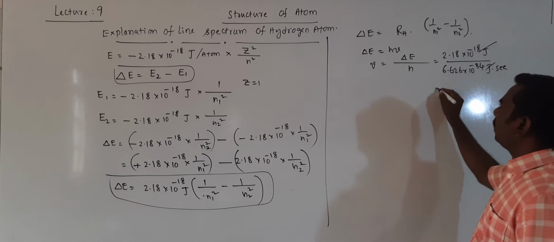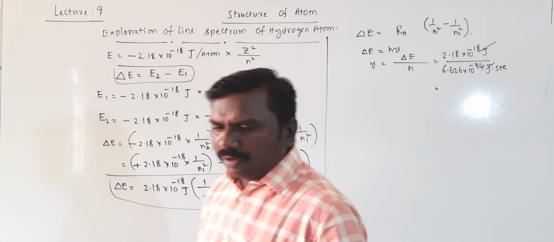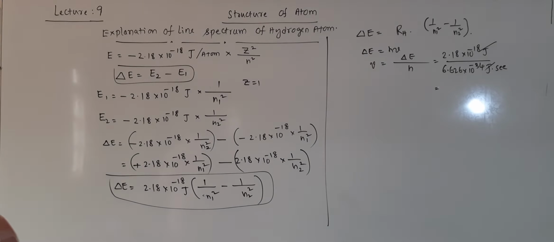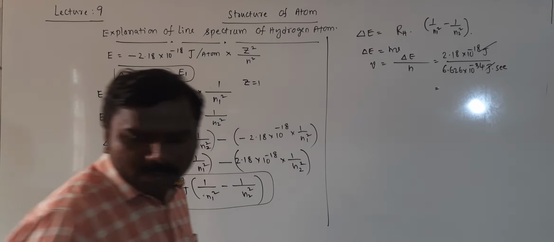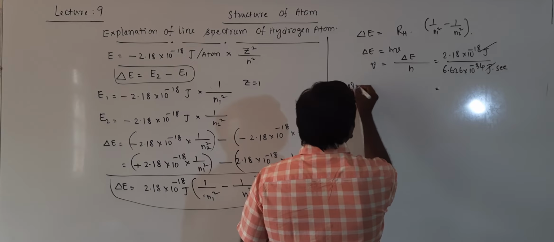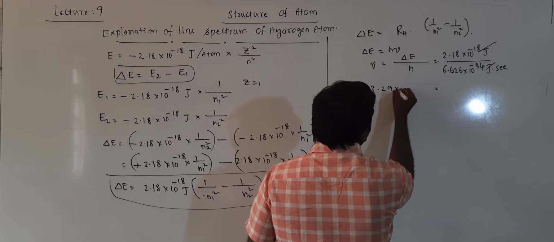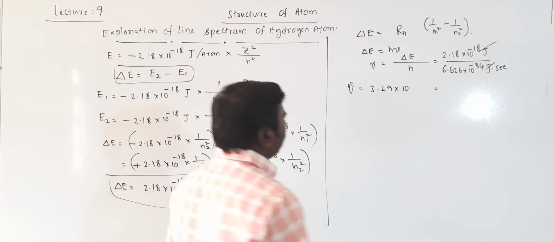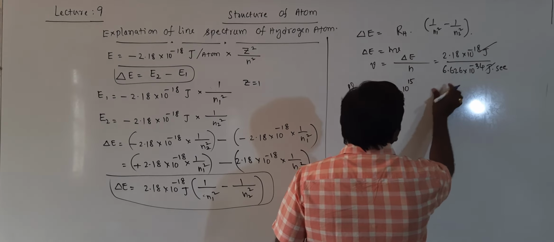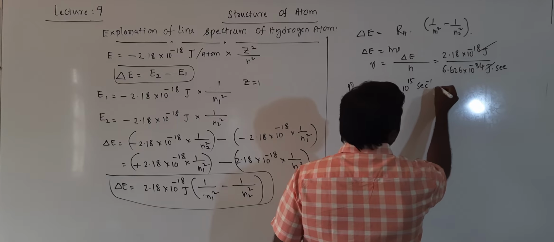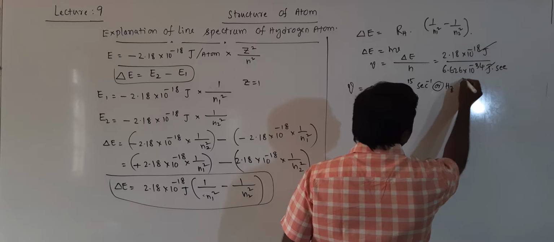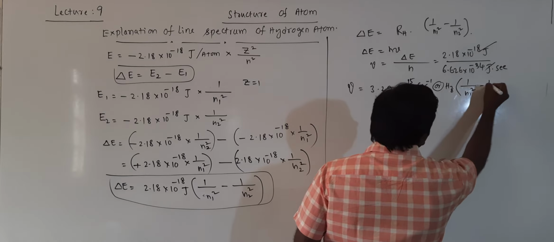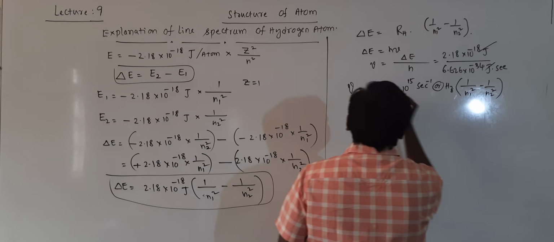Joule cancels, and on solving, from the frequency point of view, nu is equal to 3.29 into 10 to the power of 15 second inverse into 1 by N1 square minus 1 by N2 square.